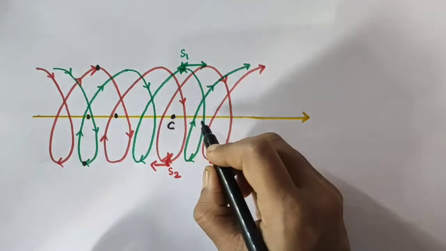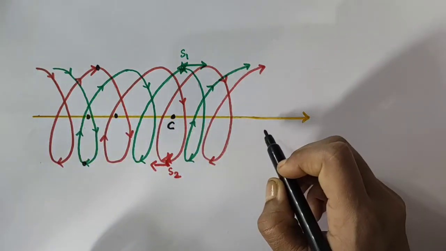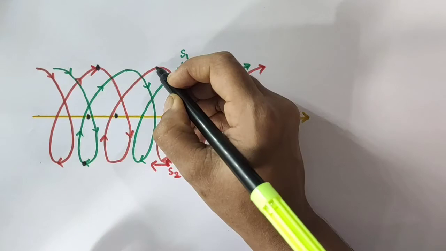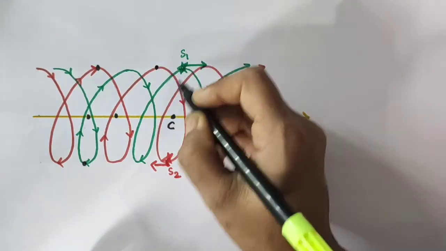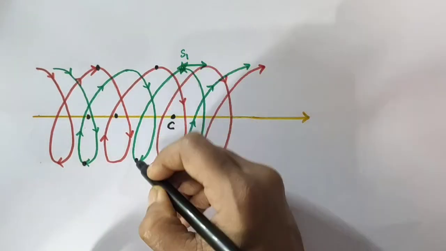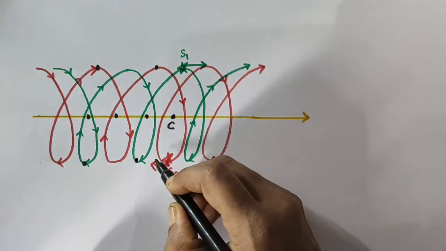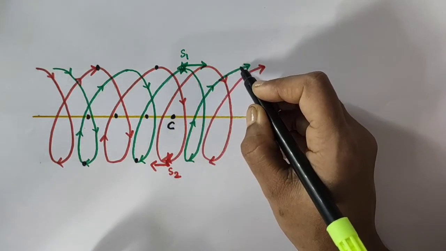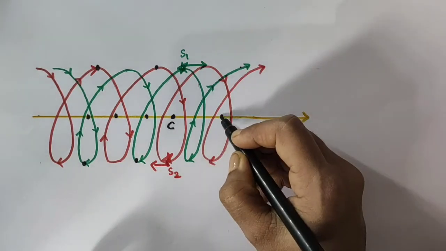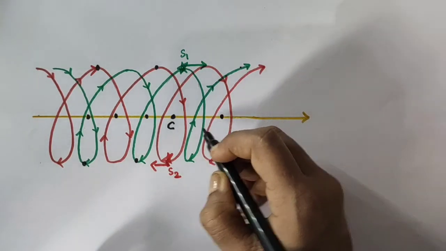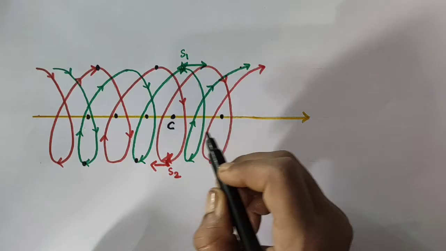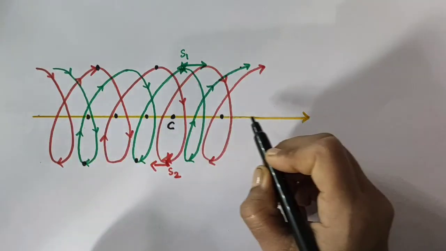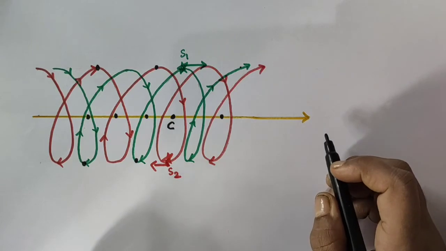That is, the center of mass moves along the straight line. After some time, you see this star S2 reaches here and the star S1 reaches here, so their center of mass would be somewhere here. Then after some time, S1 and S2 reach here, so their center of mass would be somewhere here. When we join these points, we get a straight line. That means the center of mass moves along a straight path.